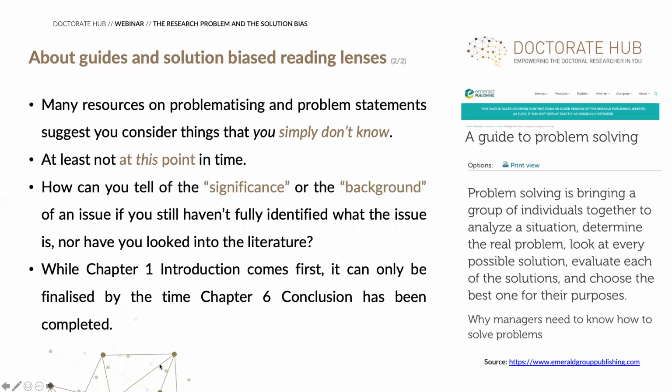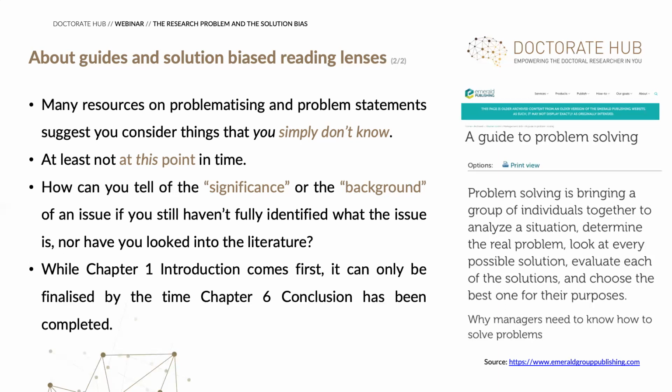Many resources on problematizing and problem statements suggest, unfortunately, things that you simply don't know. As seen in the earlier example of the admission case, the knowledge only builds up over time. However, guides and guidance are written assuming that you know everything at a given point in time. So how can you tell about the significance or the background of an issue if you still haven't fully identified what the issue is?